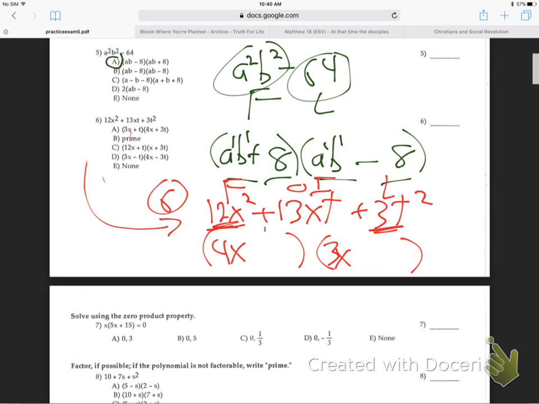I need last times last to be last. 3t, 1t. Could I put the 3t here? No, not going to have two numbers in the same parentheses that have anything in common, because you got all the commonness out. There was no commonness in step 1. So the 3t has got to be over here and the regular t there.